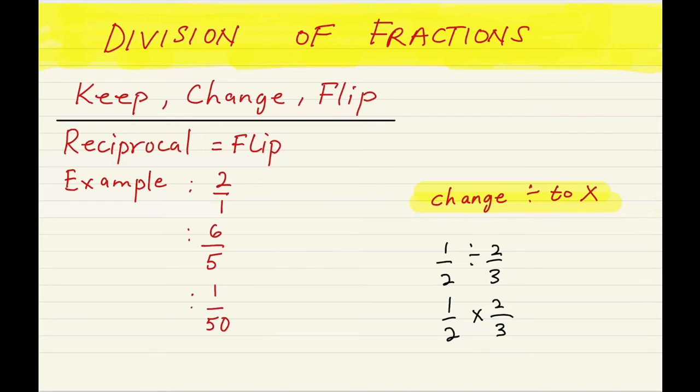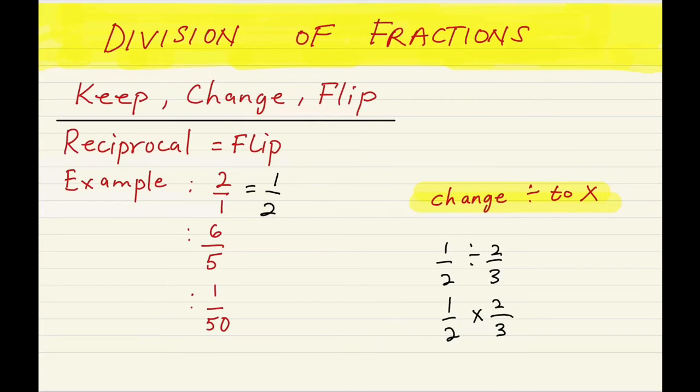And by flip, it's like a reciprocal. So if, for example, you have 2 over 1 right here, when you flip 2 over 1, it's going to become 1 over 2. So as you can see, I just flipped it.